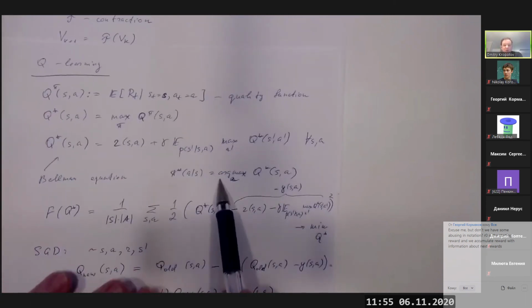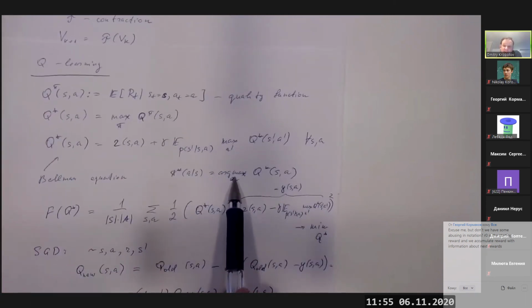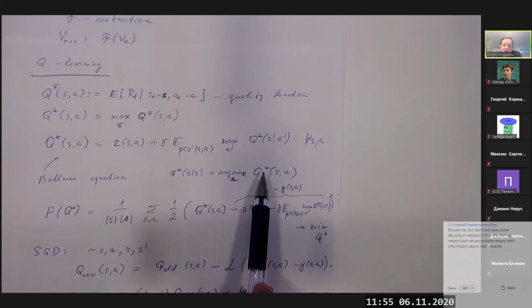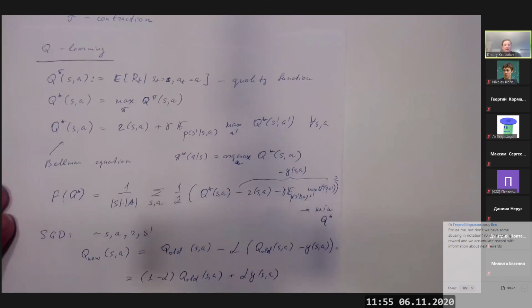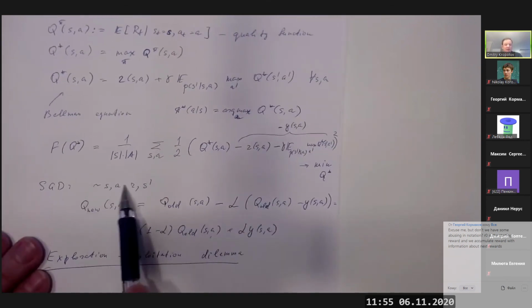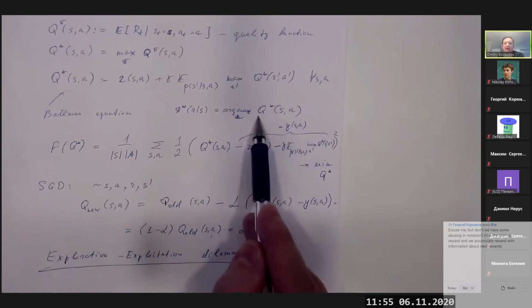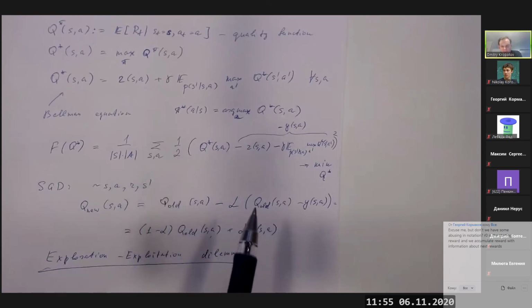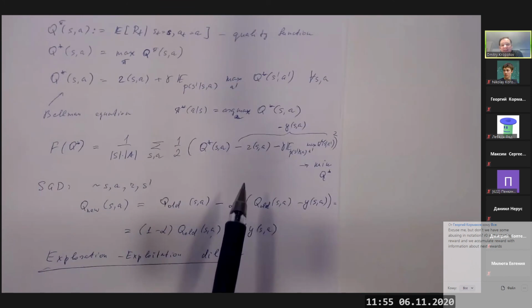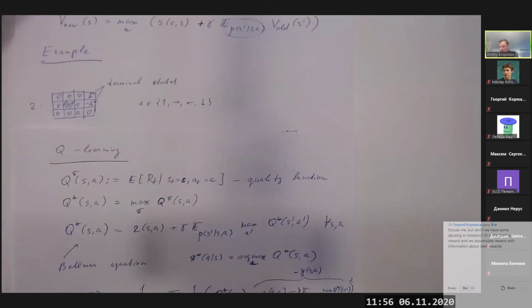We choose these actions using argmax from our current estimate of a Q function. So in this sampling, if we choose some state, we choose the action taking argmax not from the optimal function Q, but from our current estimate of a function Q. And this may lead to the situation that you converge to a suboptimal solution.